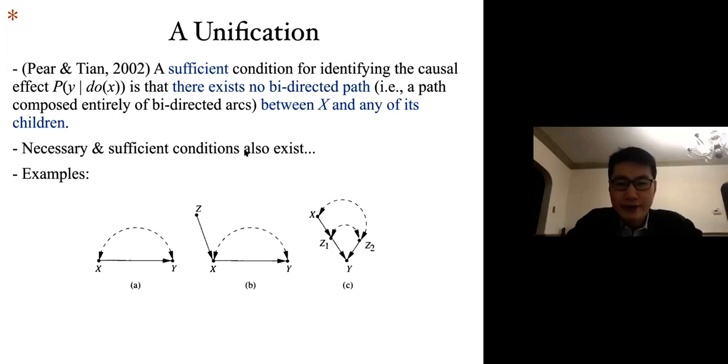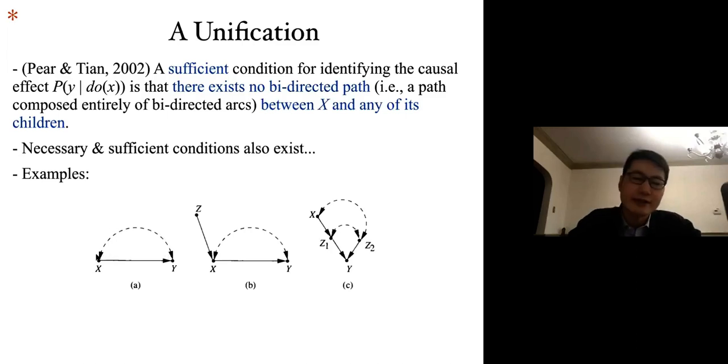Okay, so this condition says there exists no bidirected path between X and any of its children. Now let's verify this. In example A, you can see there's a bidirected path between X and Y. And by bidirected path, I mean the following thing. Right here, we have some random variable which is a common cause, or direct common cause, of X and Z.